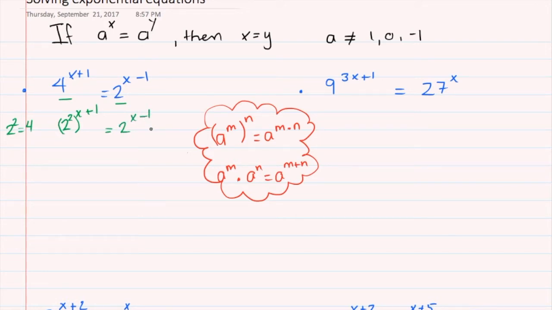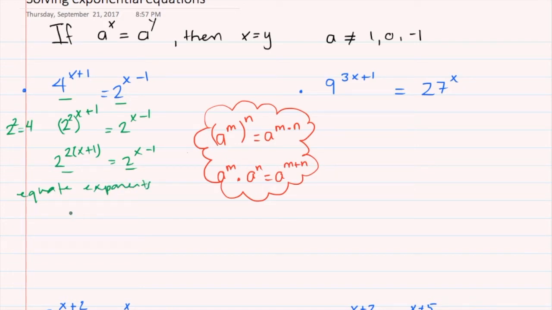Now, if we use the power law, here we can multiply the exponents. So 2 to the power of 2 times x plus 1 is equal to 2 to the power of x minus 1. Now, are the bases identical? Yes, they are. So we can equate the exponents.